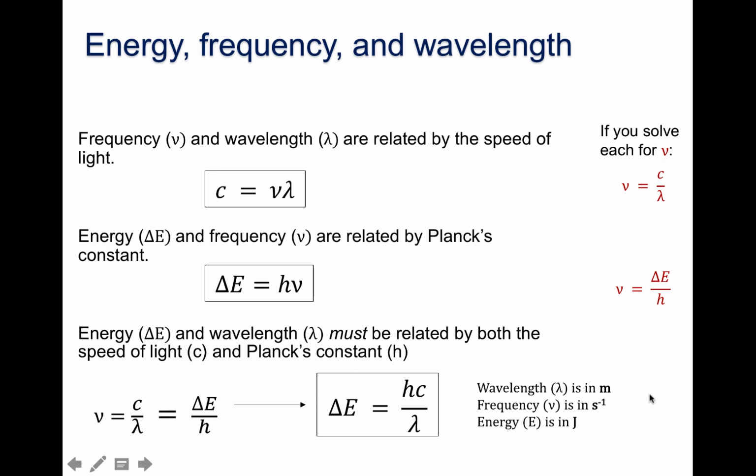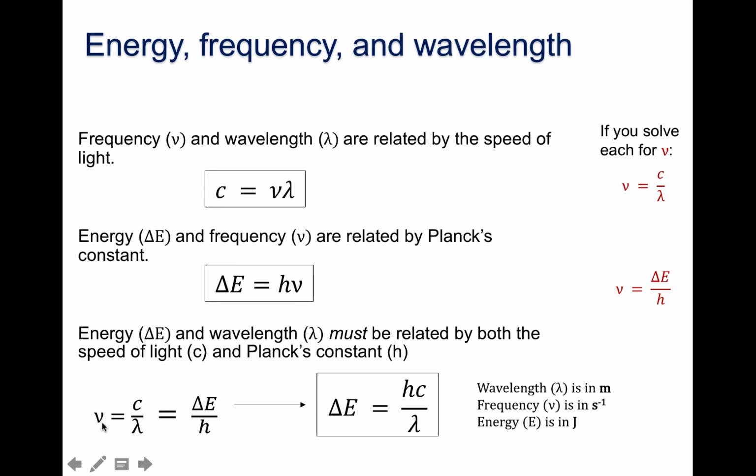But for those of you who are interested in where the equation comes from, if you take the speed of light equation and you solve for frequency, frequency is equal to speed of light divided by the wavelength. And if you take the Planck's constant equation and solve it for frequency, you end up with the energy divided by Planck's constant is equal to frequency.